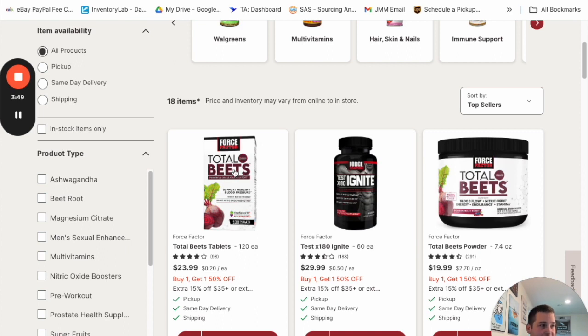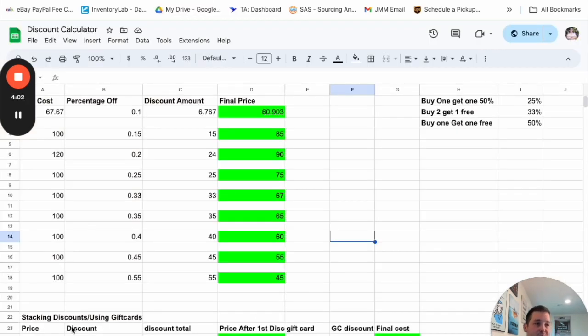What I used to do, I would click on this, put it in the shopping cart, and if it looked close, see what discounts I could get and have Walgreens do the calculation. But now it's so much quicker because I could just take that $23.99 and plug it in down here and then figure out my buy cost is $14.39.